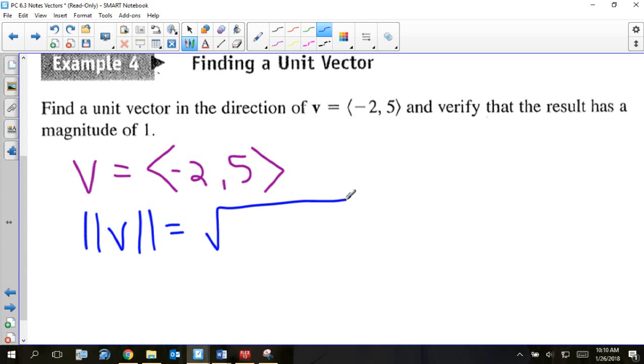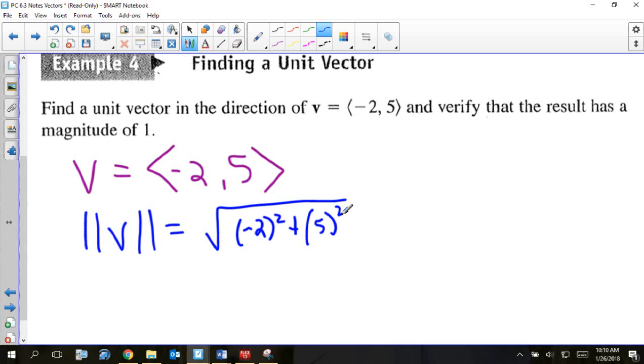So it's the square root of the change in the x's, which is -2, the component form, plus the change in the y's, which is what x2 minus x1 is, but we don't have that. We have it after they subtracted them. And remember, I told you this last time, the distance formula, or the magnitude formula, is just a squared plus b squared equals c squared, square root.